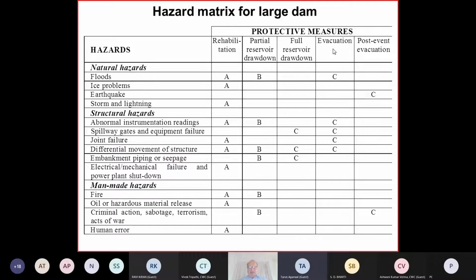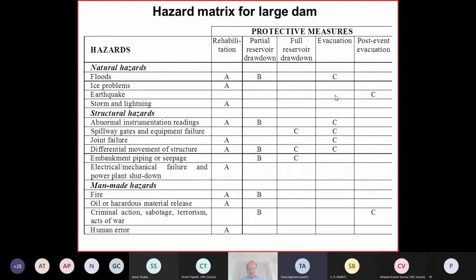But in the case of earthquakes, the warning systems which exist give only a few seconds, 10 seconds, so we cannot evacuate people, and we can only do post-evacuation. Once a dam has failed, we can still do some evacuation, because it takes some time until a flood wave propagates to some places.